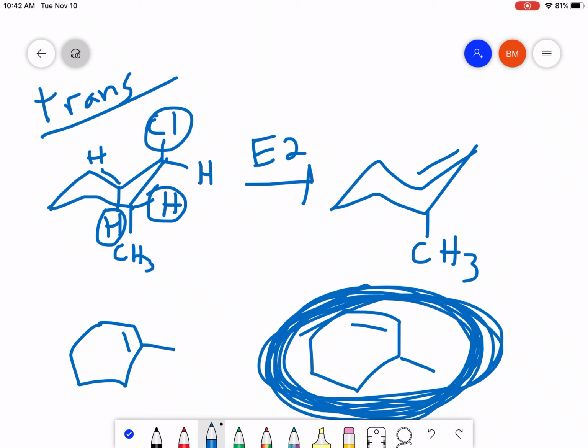Okay? So, bottom line, whenever you're doing these E2 reactions with chair conformations, make sure you have axial beta hydrogens and axial halides, and then make the according predictions.